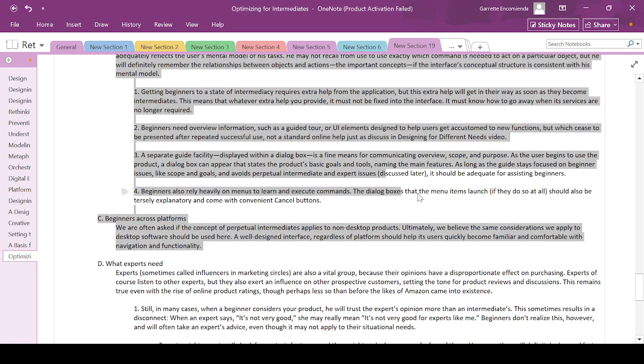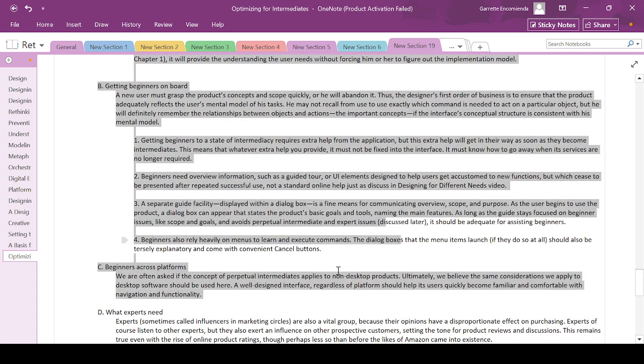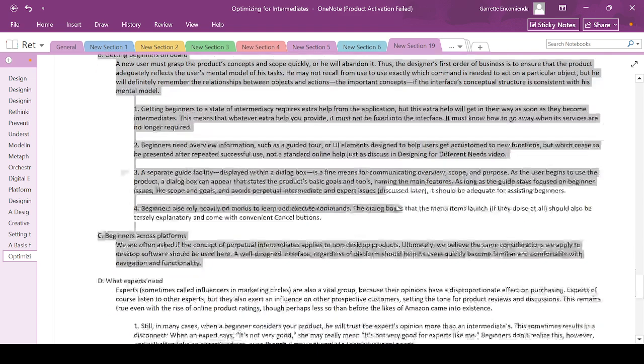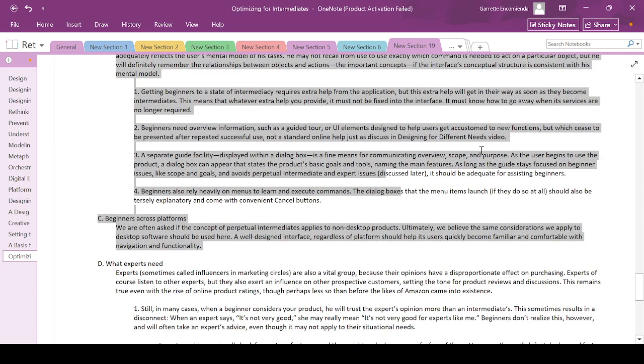So again, this is for getting beginners on board, like maintaining our intermediate users' attention while also helping the beginners rapidly. I forgot what I was going to say earlier about intermediates, but basically we discussed that in the designing for different needs video.